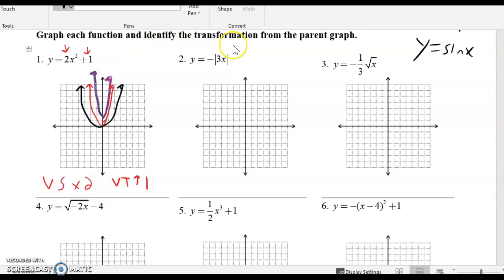What happened? Well, we have a negative out front, and then we have this 3. So two different things happen. What does a negative out front do? A negative out front is a reflection over the x. All right? What does a 3 on the inside do being multiplied? Well, something on the inside, left and right, so it's horizontal something.